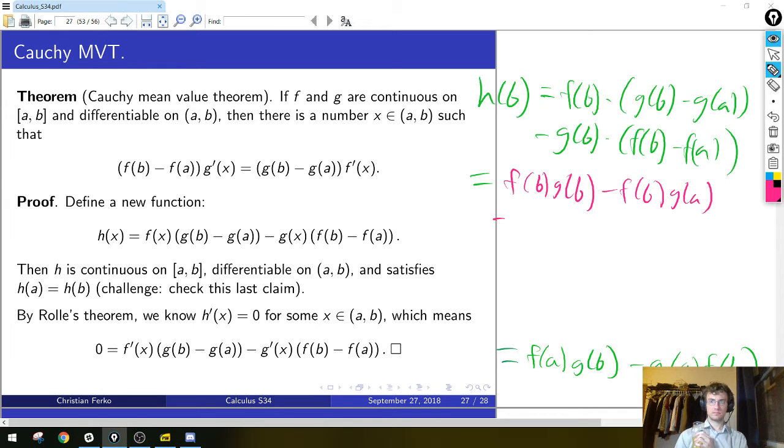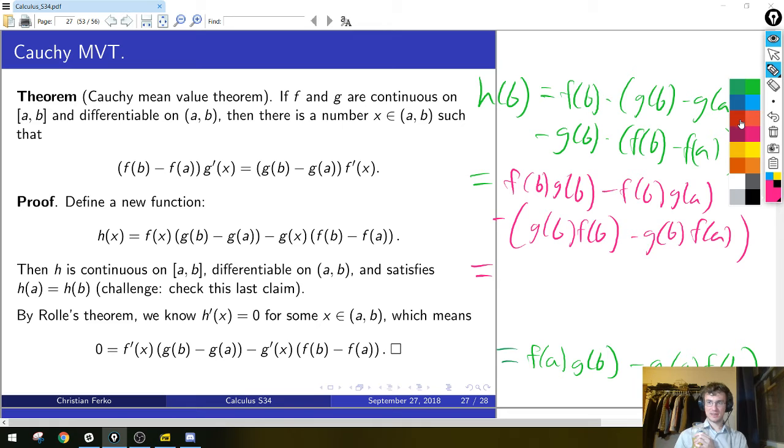Minus, begin parenthesis, g of b, f of b, minus g of b, f of a. Sounds good.